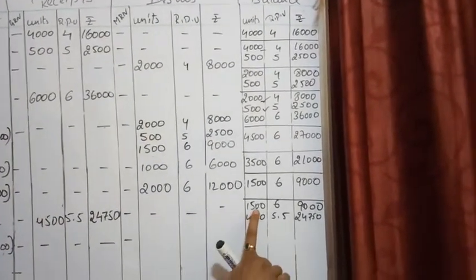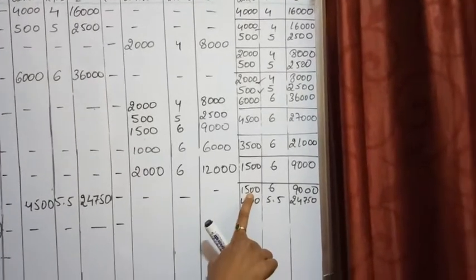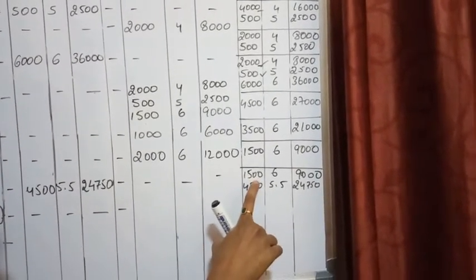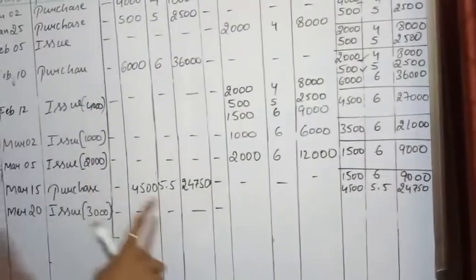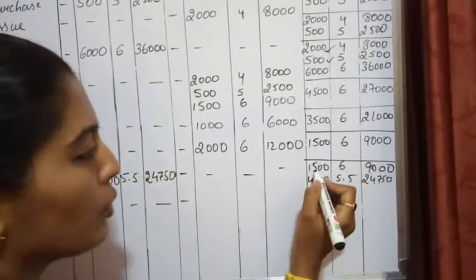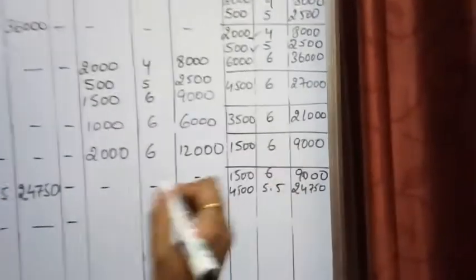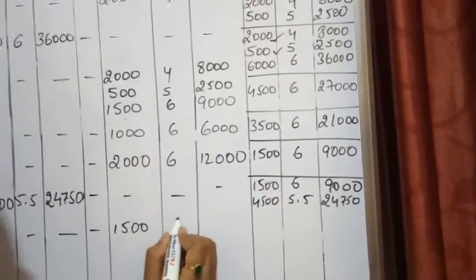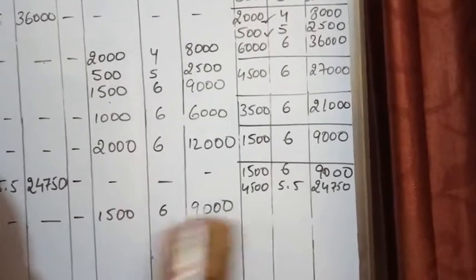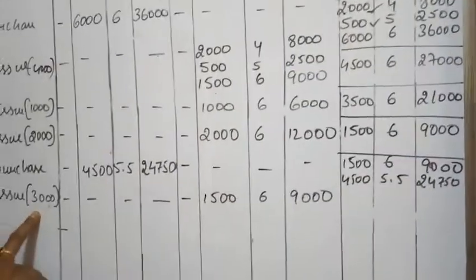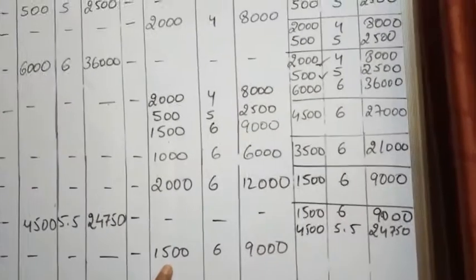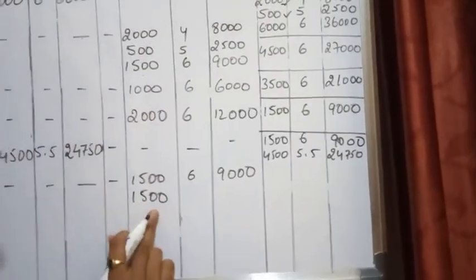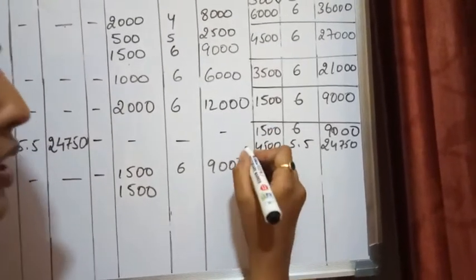But look into the balance, the first material which is in the store is 1,500, but they are asking for 3,000. Now what is the first, how much do I have? First I will give that much material. So 1,500 into 6, it is 9,000 I have given. So out of 3,000, if I have given 1,500, the remaining is 1,500.